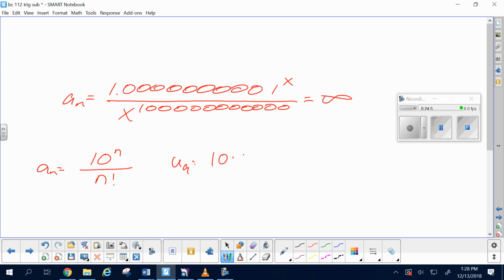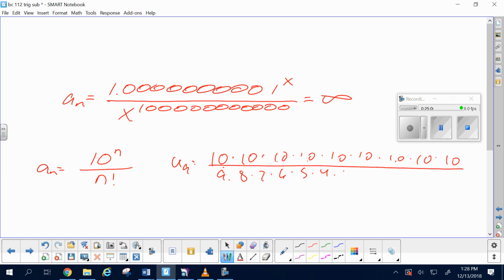A10. I wish I would have chosen something else besides 10. 1, 2, 3, 4, 5, 6, 7, 8, 9. All right. Now, A10. How will it be like A9? What will change in the top?